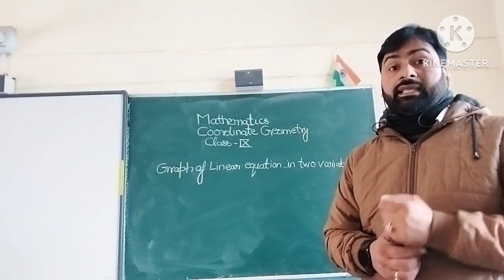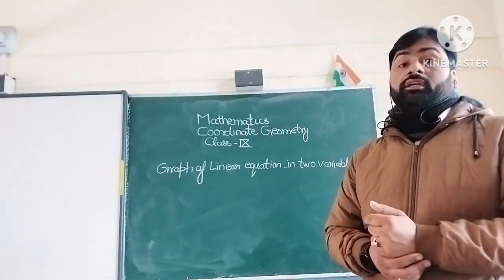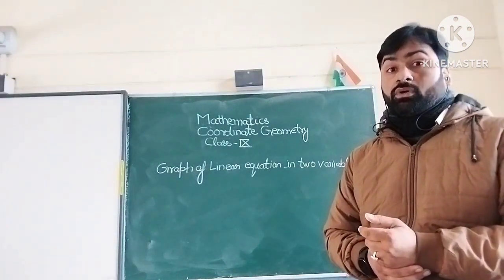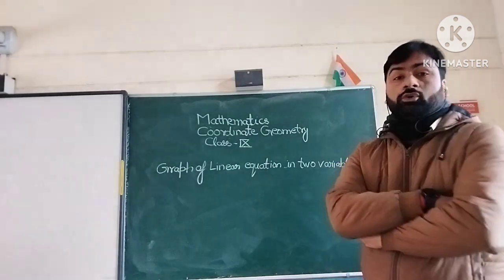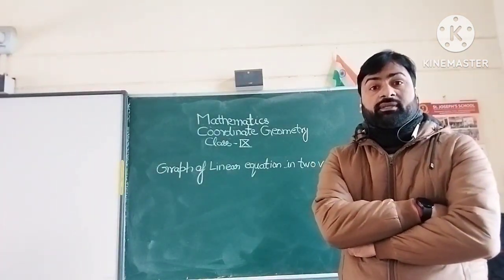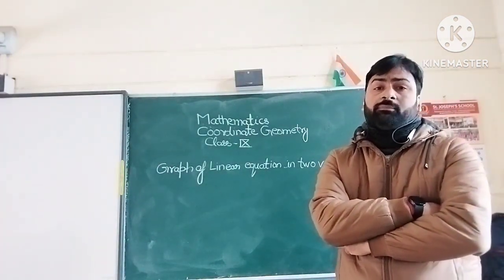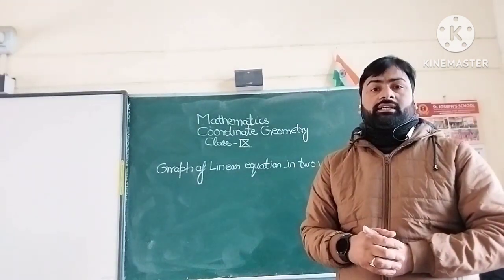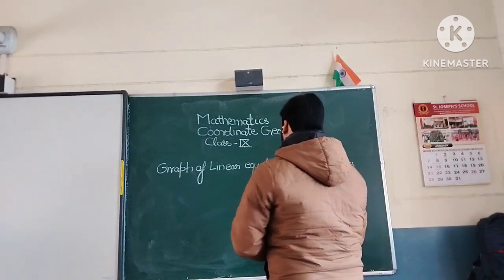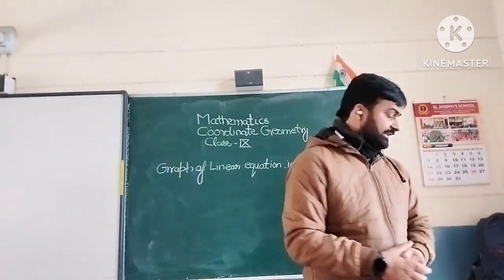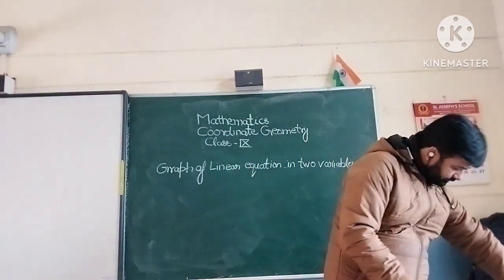And then, like you are plotting the coordinates in exercise 19.1, the same way we will do it here also. And what we will do then? We plot them on the coordinate axis. Are you getting it? So the graph of a linear equation in two variables. Those variables are x and y.